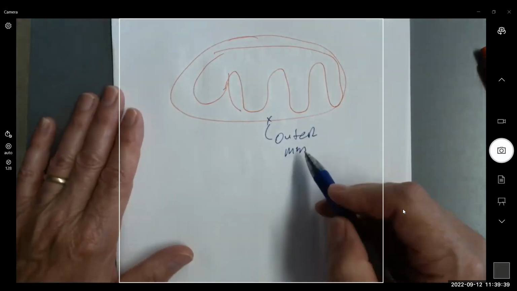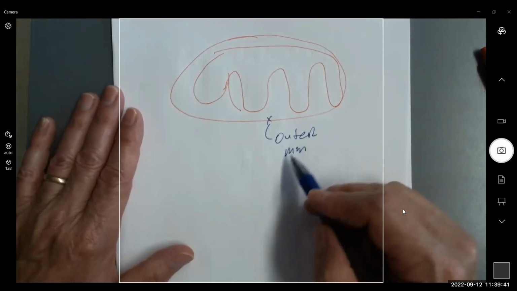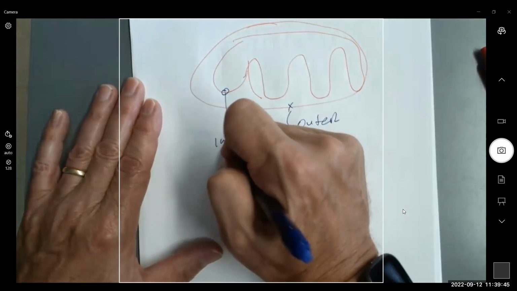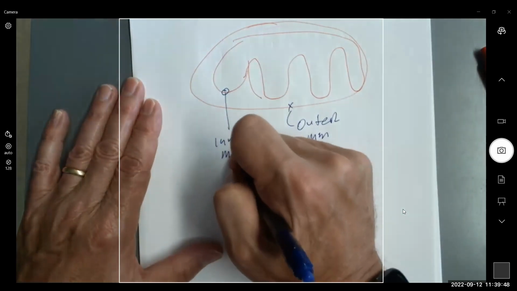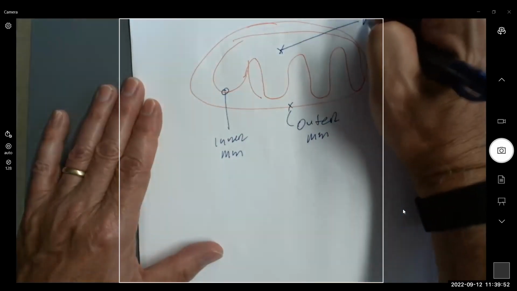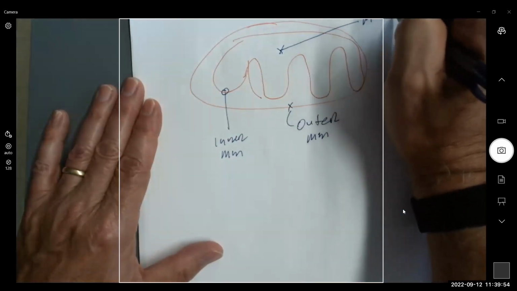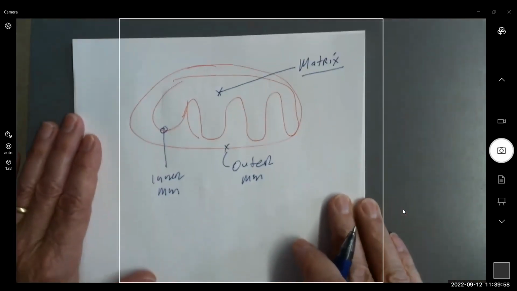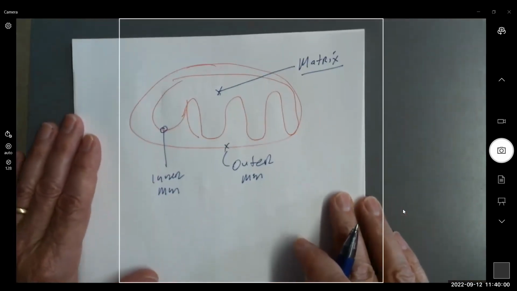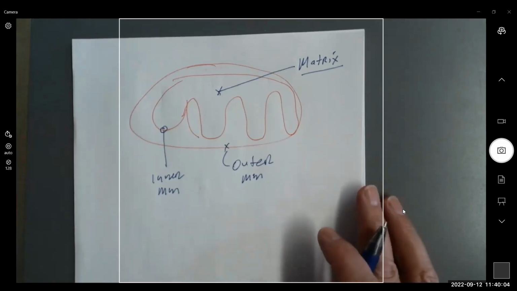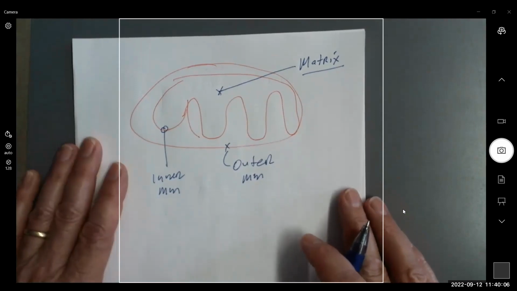MM is not M&Ms. That's not the candy. That's mitochondrial membrane. This is the inner mitochondrial membrane. In here, this is called the matrix. Obviously named after the movie, right? Oh, come on. You guys have heard of the Matrix, right? Please. Thank you. Good. I'm not that old. Well, actually I am, but.